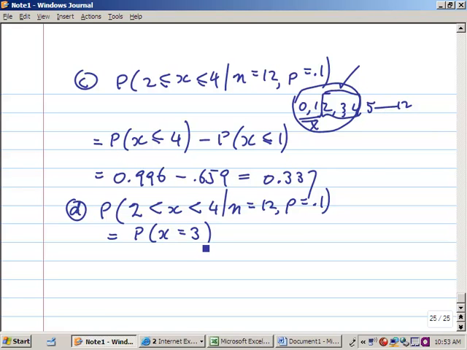With the same n and p, so I'll skip those. So how do I do that? Well, all I want is 3. So I'll get 0 through 3, and then I'll subtract out 0, 1, and 2.